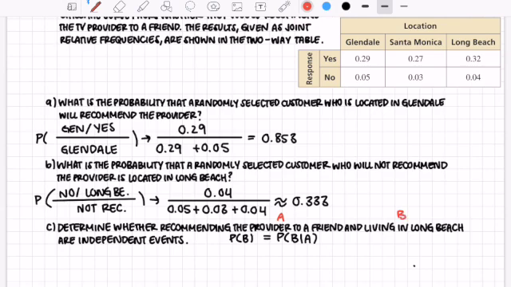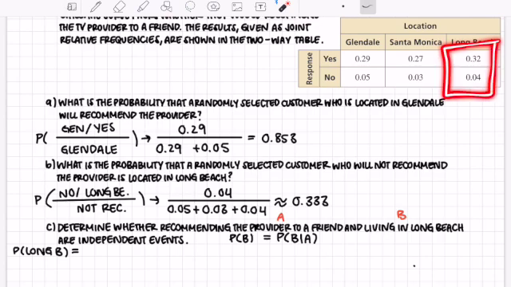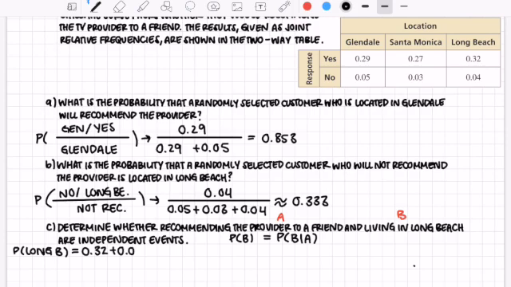So let's first identify what is the probability of living in Long Beach, or that we have the survey in Long Beach here. So the Long Beach survey was the following here, 0.32 plus 0.04. Okay. Then we want to find the probability that a randomly selected customer recommended the provider and is located in Long Beach. So right here we put saying yes first.